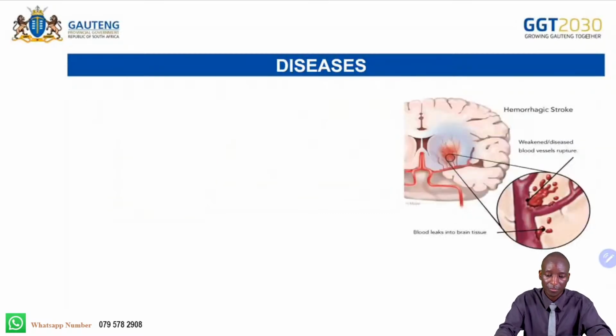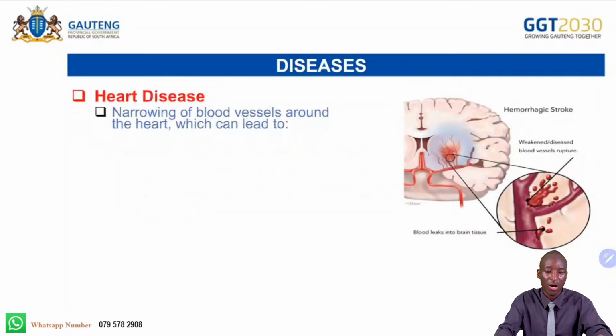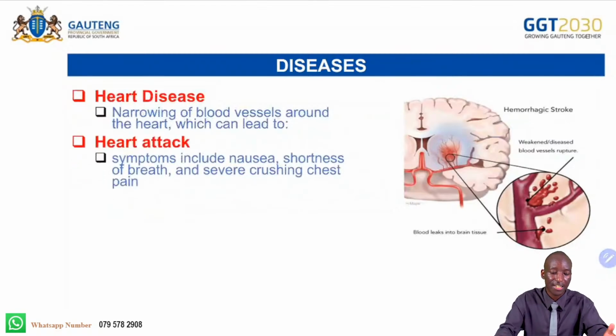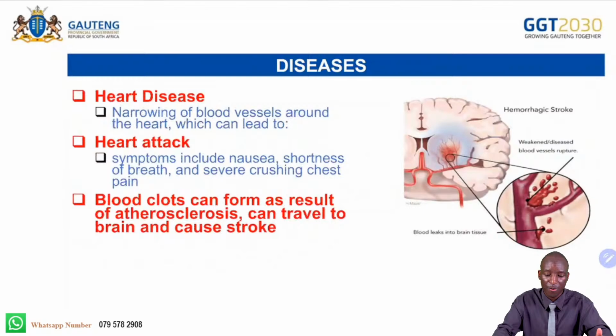Then we also look at heart disease. It happens when there is narrowing of the blood vessels around the heart, which can lead to a heart attack. The symptoms of a heart attack include nausea, shortness of breath, and severe crushing chest pain. Blood clots can form as a result of atherosclerosis.